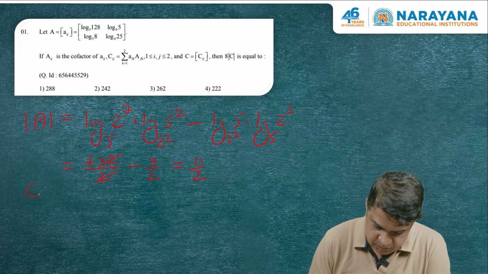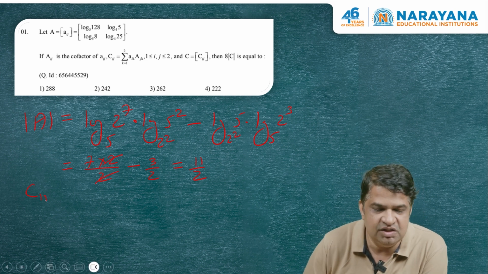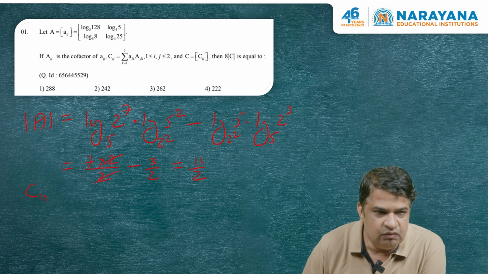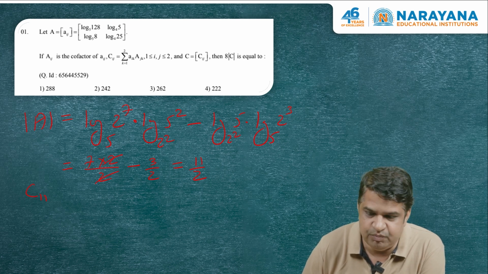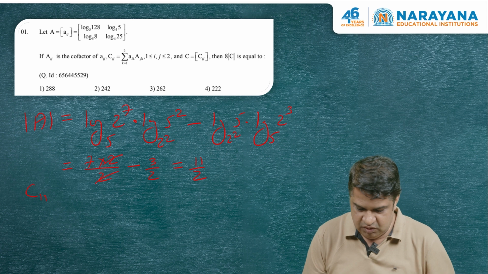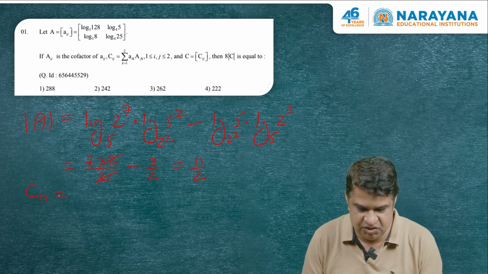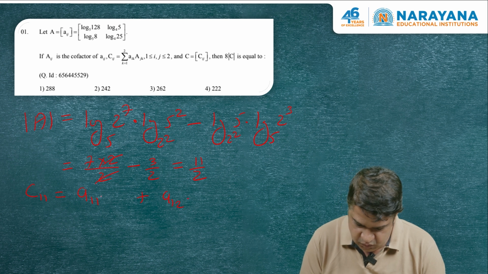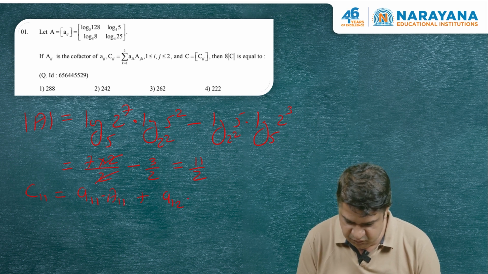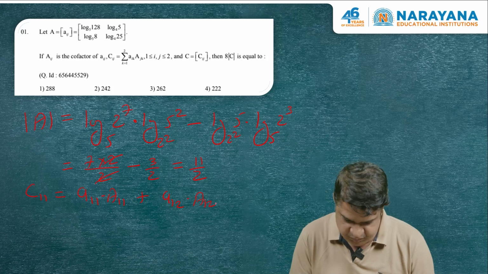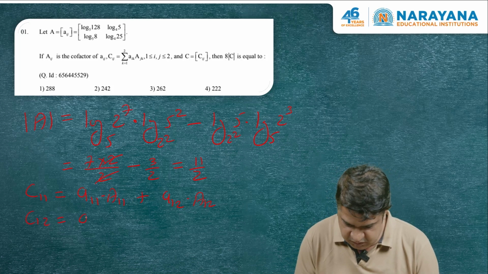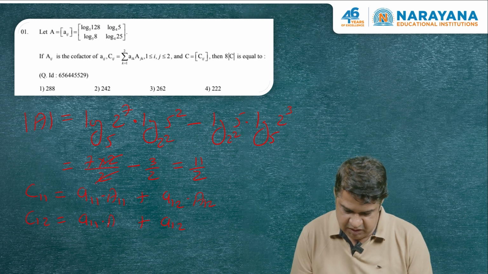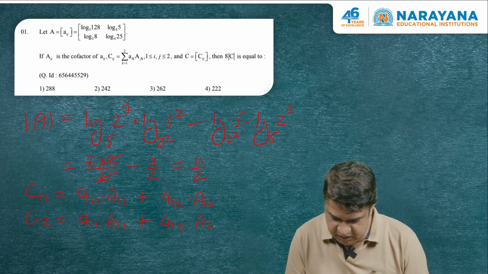Now, as per the definition, Cij is the summation from 1 to 2 of Aik plus Ajk, where capital A is the cofactor of the corresponding elements. So, according to this condition, C11 is A11 plus A12 multiplied with capital A11 capital A12. C12 is A11 plus A12 multiplied with capital A21 capital A22.